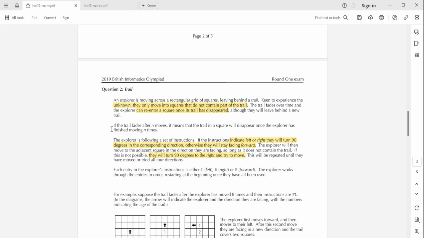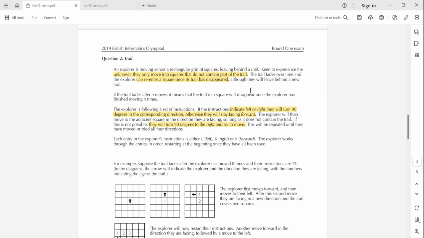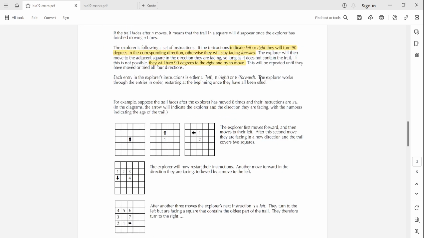Pretty much, I'd like a quick read first, but what the question requires us to program is some sort of program to model the path of an explorer. And this explorer moves following a set of instructions, and these instructions are left, right, or forward movements, okay?